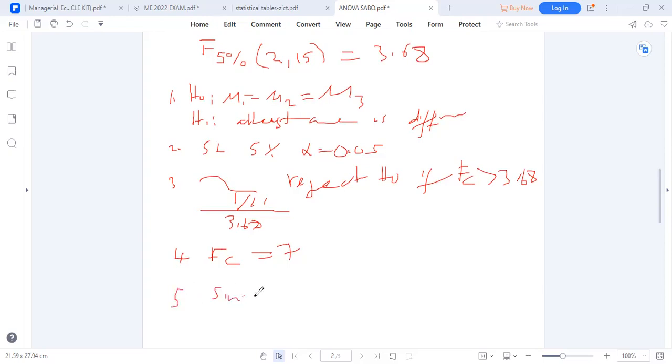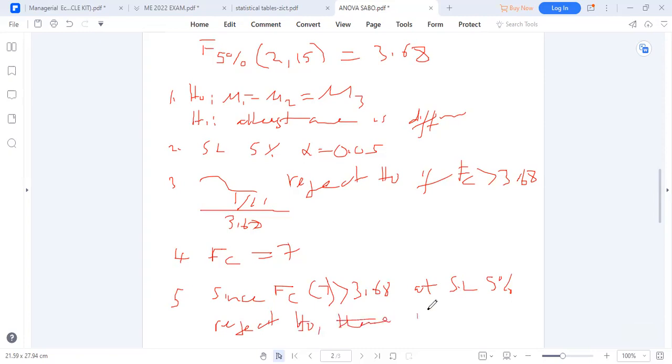It says since F calculated, which is 7, is greater than 3.68 at the level of significance 5%, what do we conclude? We reject H0 and conclude that there's a significant statistical difference.